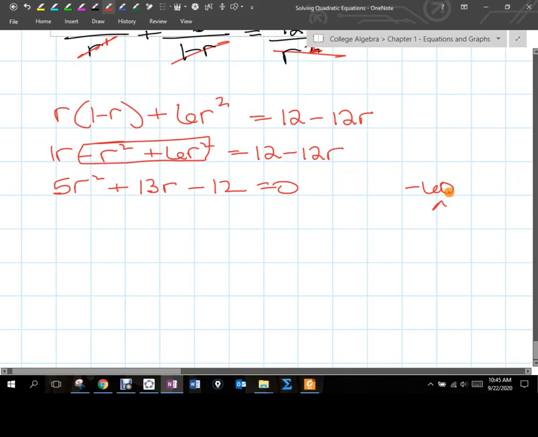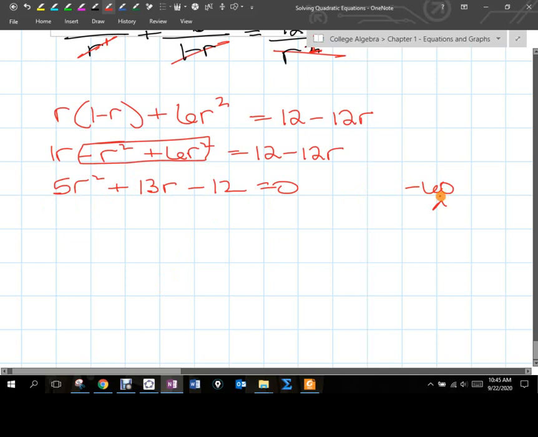Are there any factors that multiply together to give me negative 60 and add to give me 13? I can't think of any. So I have to go down to the quadratic formula, and I'll leave it up to you to finish off. Using the quadratic formula should get you those two solutions.